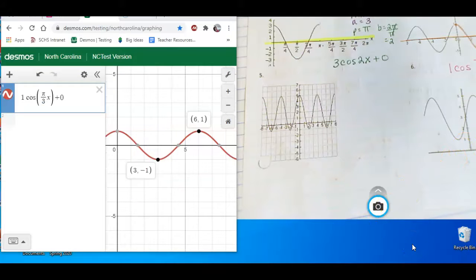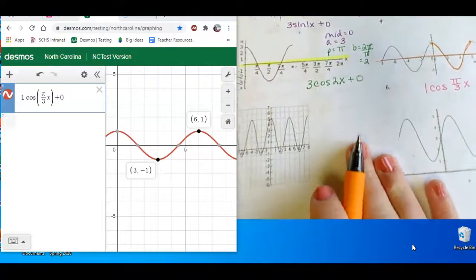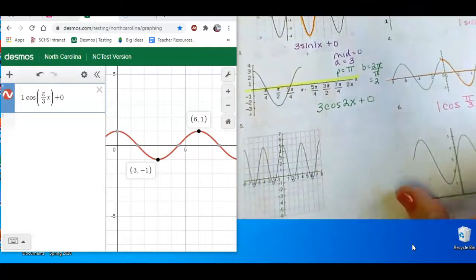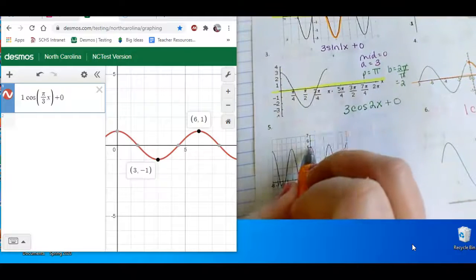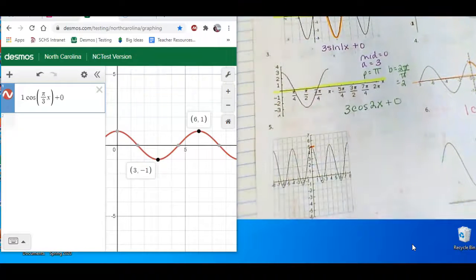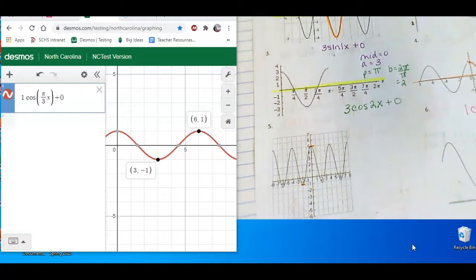Alright, so these other two, the midline is not in the middle at the x-axis like these last ones were. So what we do to figure it out is we think about, okay, we're up here at 5. That's how high we go. And how low we go is at -1.